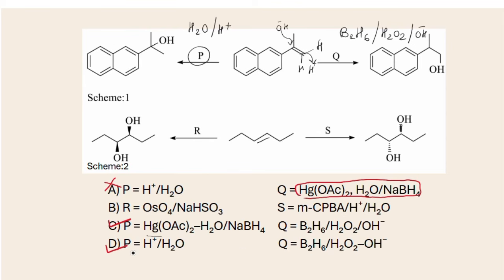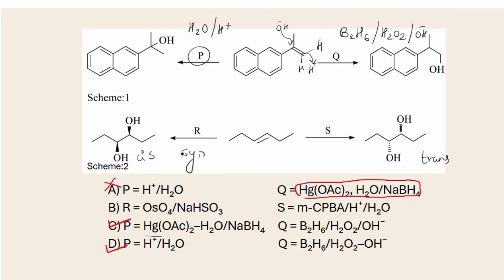Now that we know P and Q are the reagents as given in C and D, let's check for S and R. So here both of the products are dihydroxyl products, but one is a cis diol, the other one is a trans diol, because in this both the hydroxyl groups are on the same side. So how do we get this? We get this from syn addition.